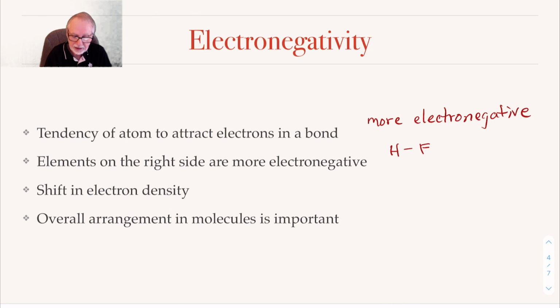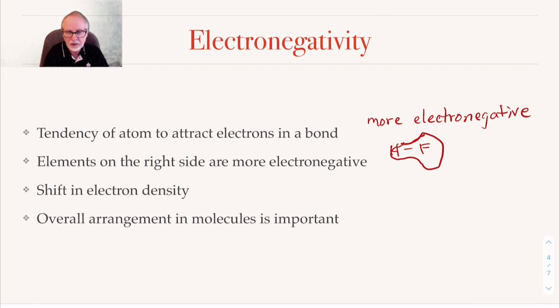So what happens in this shared pair of electrons that we have here in the hydrogen fluoride molecule, fluorine is pulling electrons toward it and away from the hydrogen. So we're going to get an overall electron distribution, which if I can draw a simple shape here, we're going to see that the electron density cloud around the atoms is going to be pulled toward the fluorine.